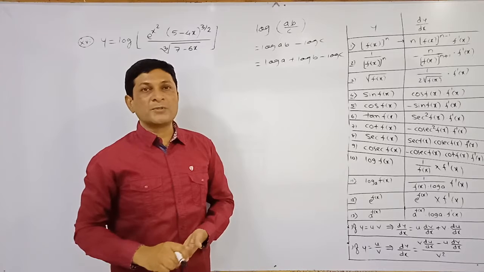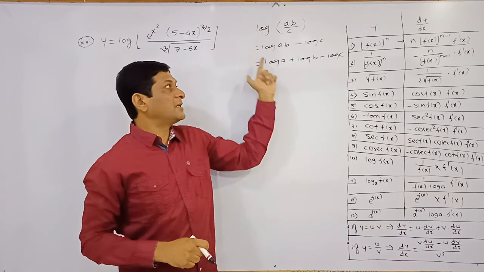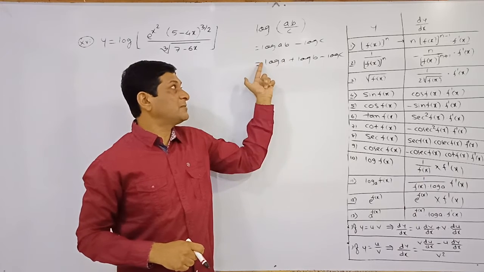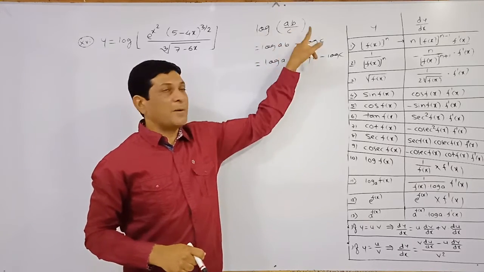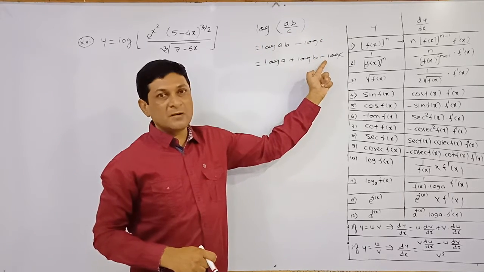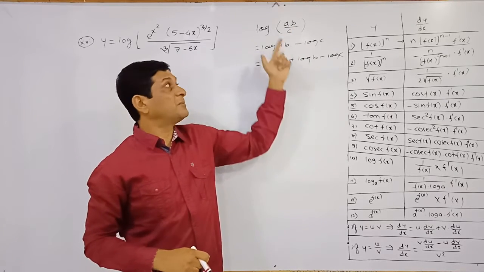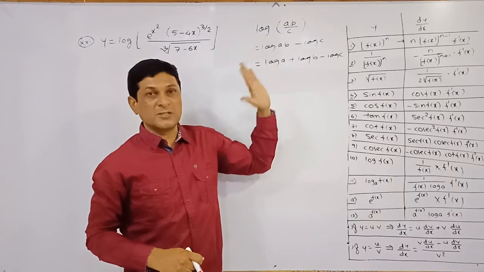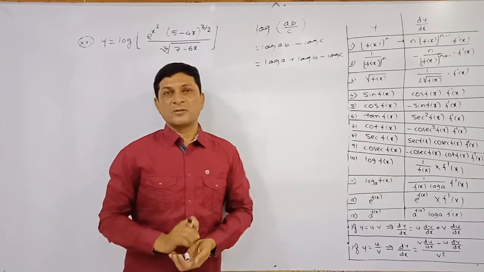What we are observing here is that whatever terms are in the numerator, a plus appears, and if the term is in the denominator, then whenever we take log of this bracket, we get a minus. If C is in the denominator, we get minus log C. If B is in the numerator, we get plus log B. If A is in the numerator, we get plus log A. Remember this method whenever we are applying the laws of logarithm.